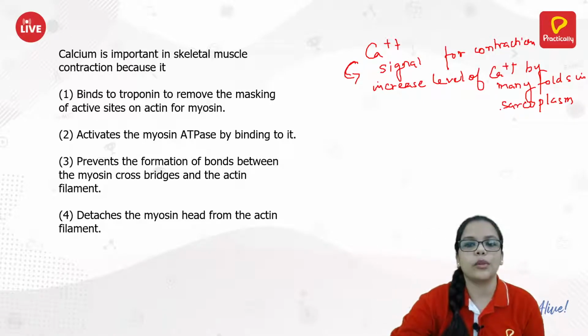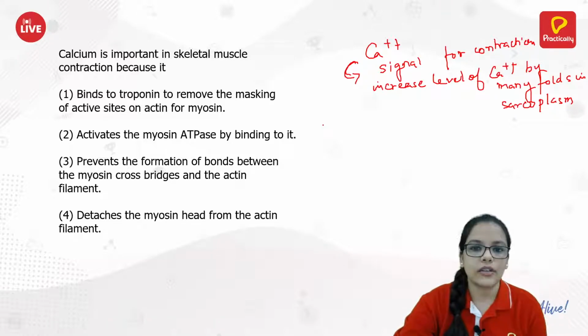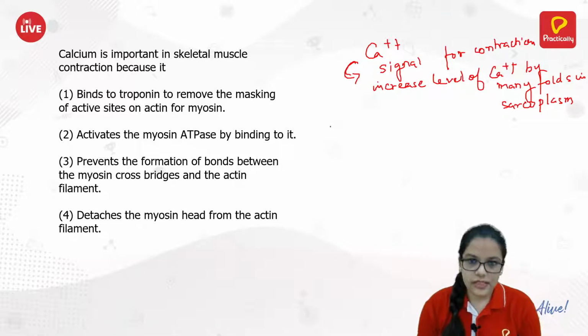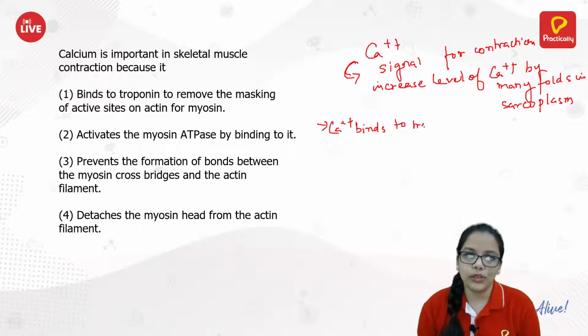When there's a signal from the brain, it increases the calcium levels. Now this extra calcium binds with the subunit of troponin, to troponin.